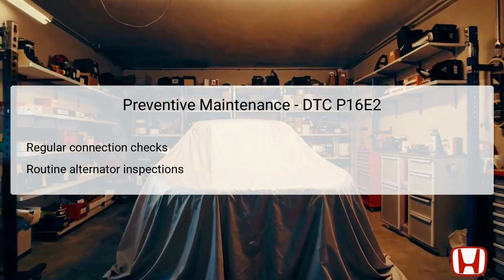It's beneficial to implement a schedule for inspecting the alternator's functionality, especially after major repairs or heavy usage periods. Keeping track of battery performance and electrical system operations can help catch minor issues before they escalate into significant faults. By prioritizing these maintenance tasks, vehicle reliability increases and the likelihood of DTC errors decreases.